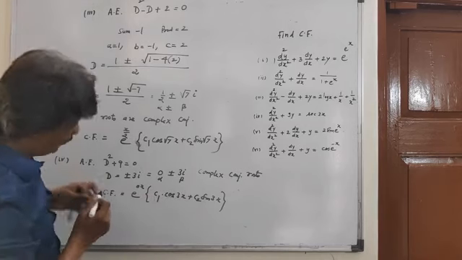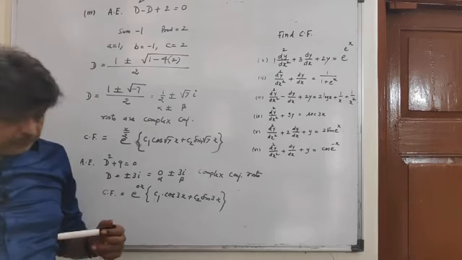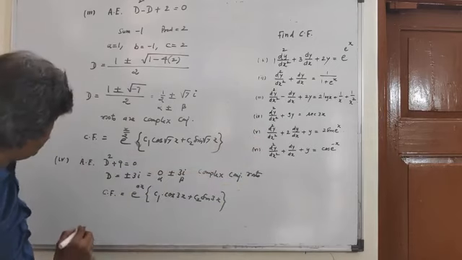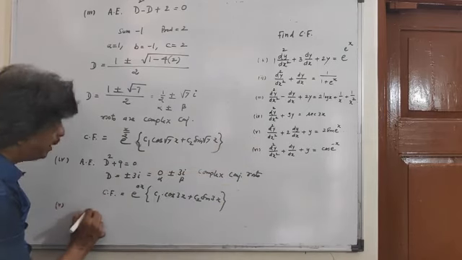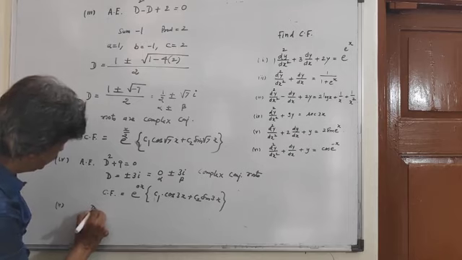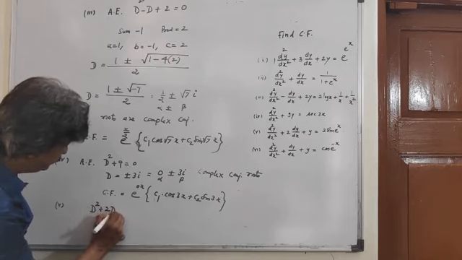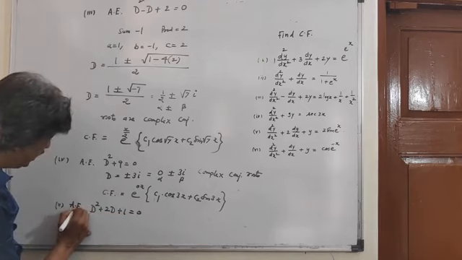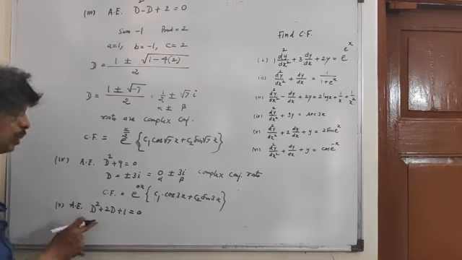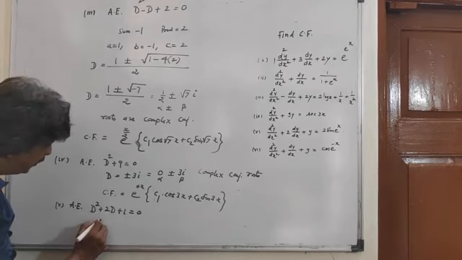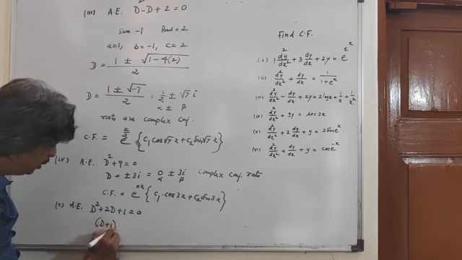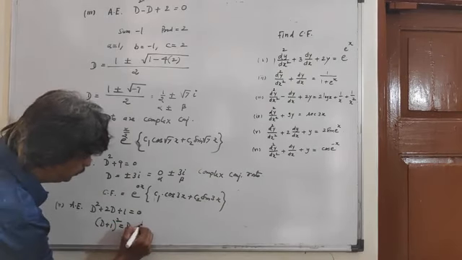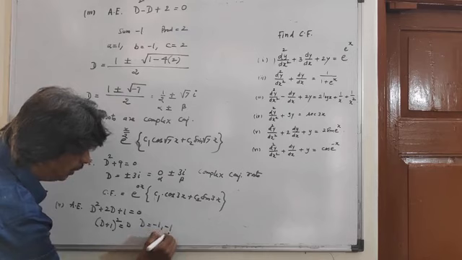So now I would be solving the fifth equation. For the fifth equation, I am directly writing the auxiliary equation as D² + 2D + 1. What is this? This is an auxiliary equation. Find out the roots of this too. This is nothing but (D + 1)² = 0. What are the roots? D = -1, -1.